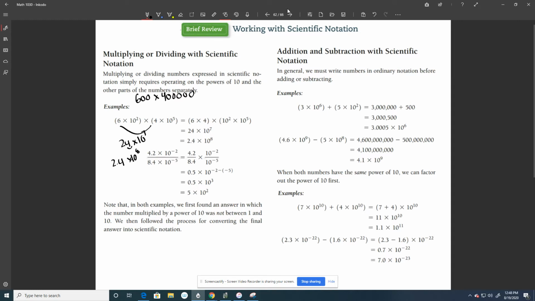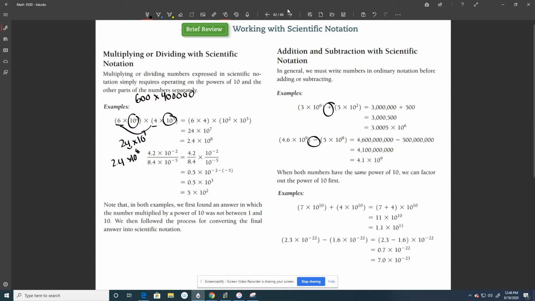Adding and subtracting, we also have to be careful, because when we multiply or divide, we can leave it as 10 to the second power, 10 to the 5th, and we can combine those together, and we can combine the numbers together. If it's a plus or a minus in between, you have to convert it into regular form.